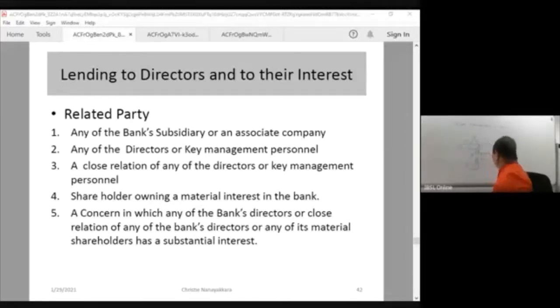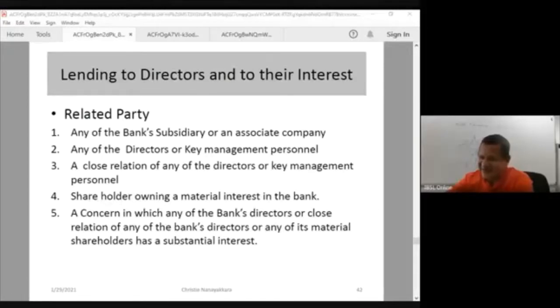G is not a related party as the funding by B is only 8%, which is not material interest. Therefore, G will go as a normal customer, but I would call it a connected party, not falling within the related party categorization. That's what you need to understand.